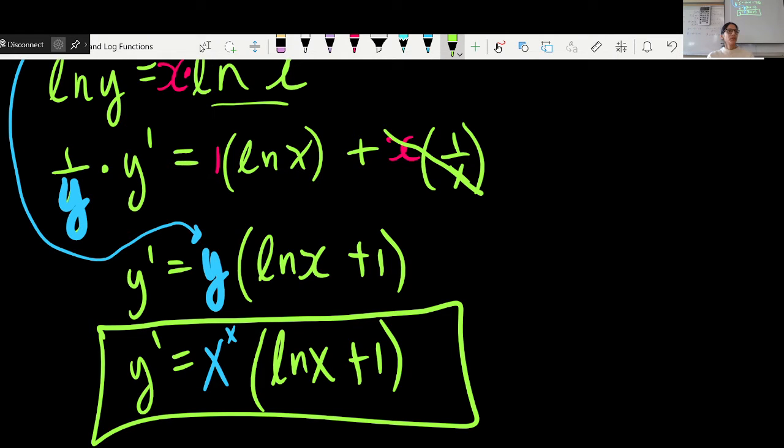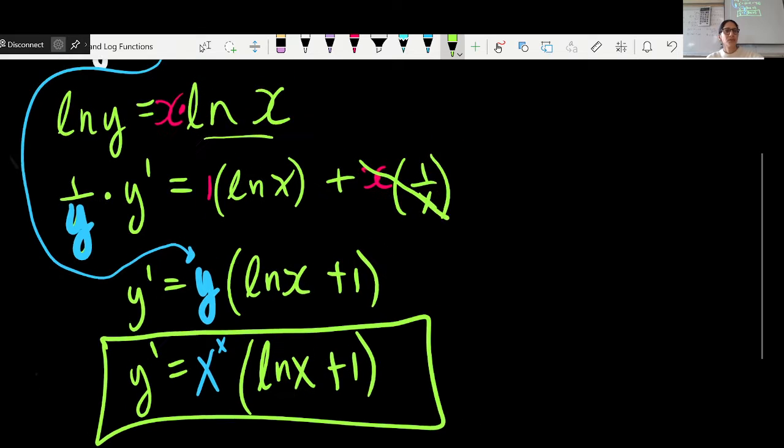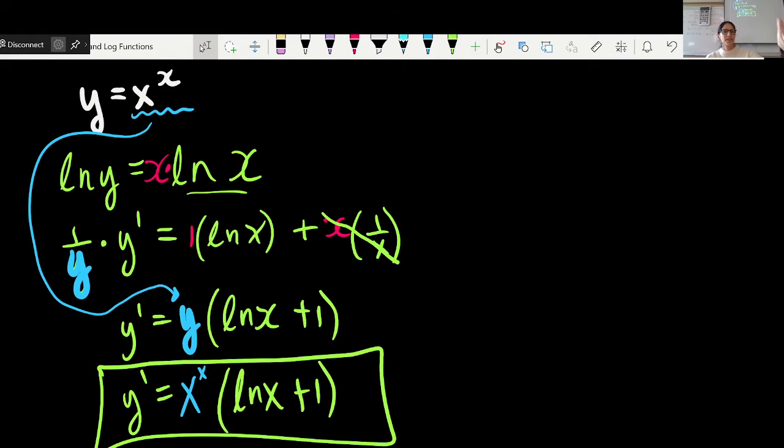We could distribute that if we want to. If you leave it like this, that's fine. I'm not going to worry too much about that stuff, but what I want is for you to, again, have those skills of being able to take the derivative when you see something like this.